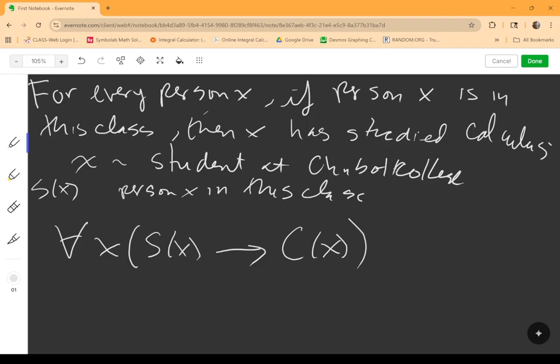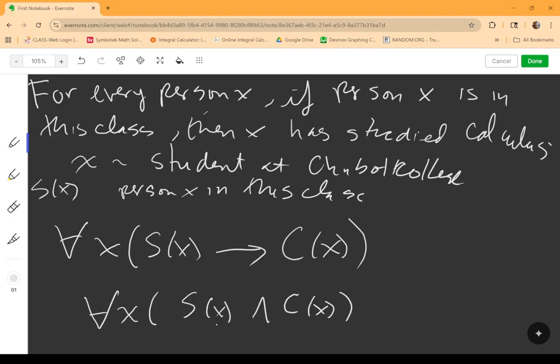Now again, be careful. Why is it this as opposed to something like this? What is the difference? What is this telling me? This is saying for all x, so all students at Chabot College.